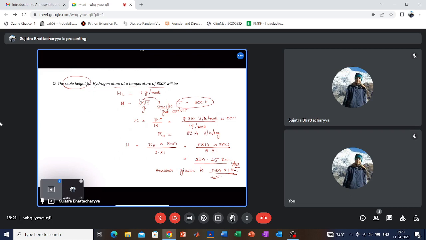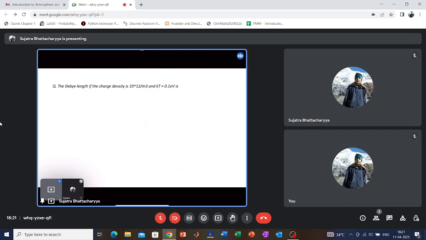Okay. The next numerical is based on the Debye length. If the charge density is given and kT is given, that already helps us in calculating. I will write the Debye length formula first.